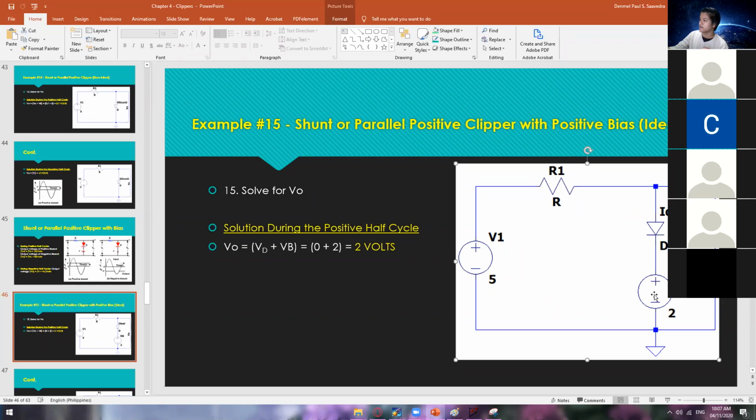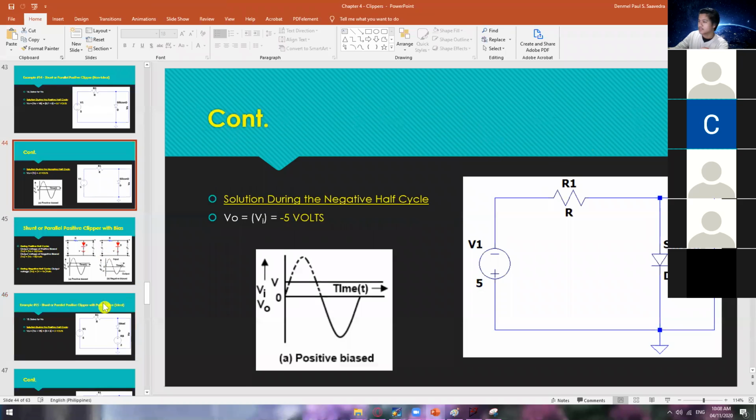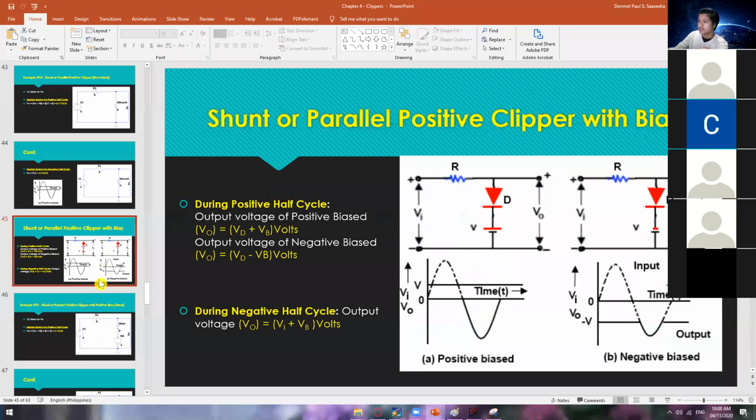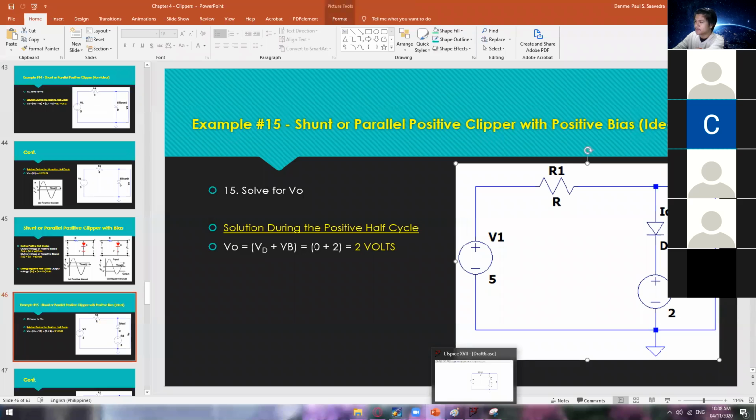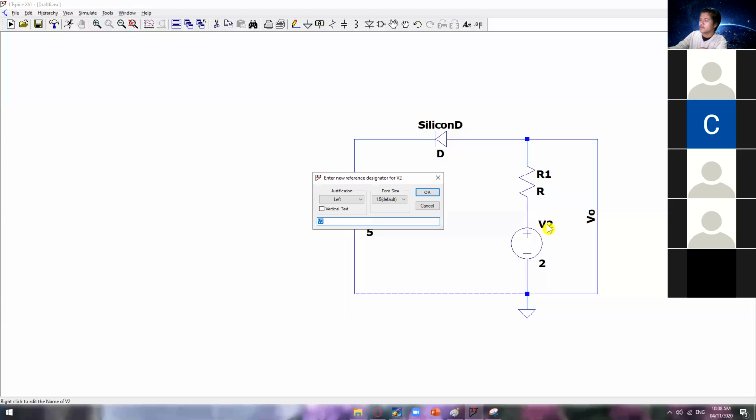And then the bias voltage. Why is it in RB? This one should be VB. What about the others? All right, let me just change this one real quick. VB.